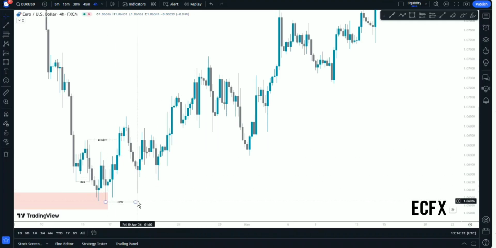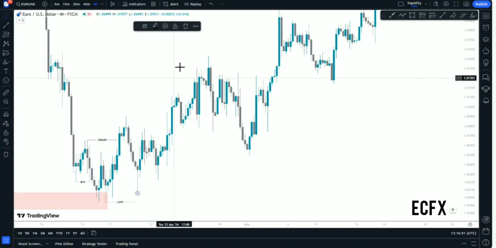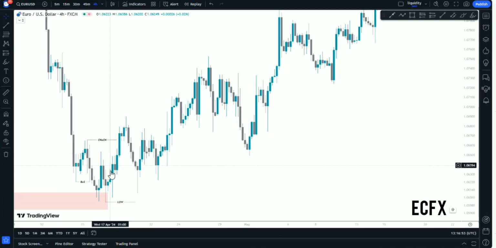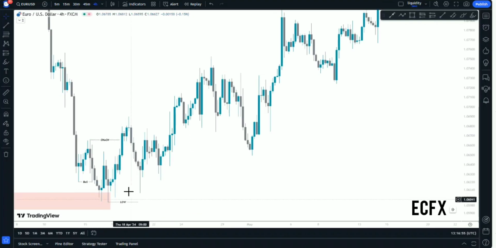You can either mark them out by labeling them a high or a low, or you can mark out some tiny marks at the point of the new high and the new low, which are these little circles over here. I prefer labeling them, it's much easier. And when a break of structure or a change of character happens, it's easier to label it as such.